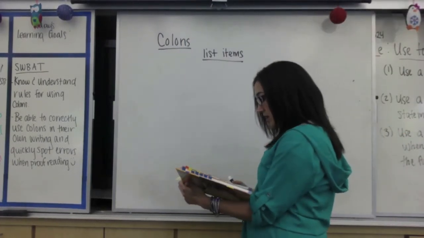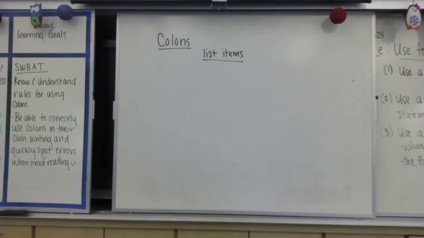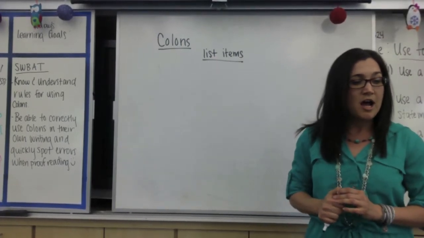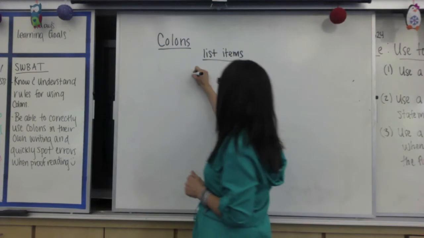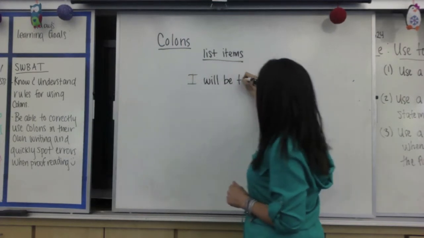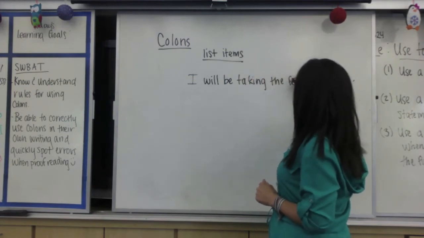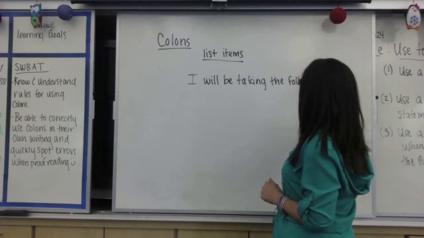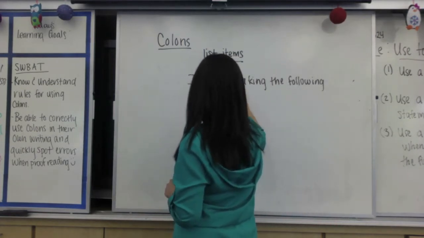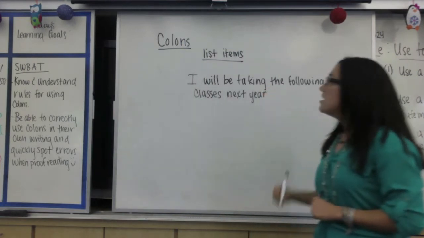Let me give you an example here from our textbook. This one's way too long. Let me think of one of my own because I don't want to take all my time writing. Okay, here we go. I will be taking the following classes next year.